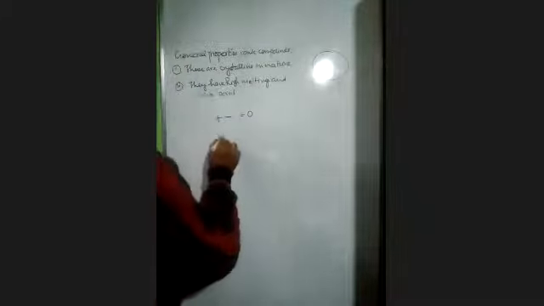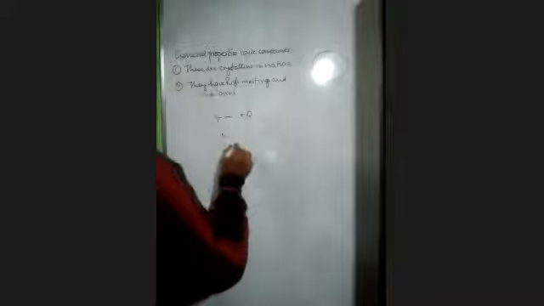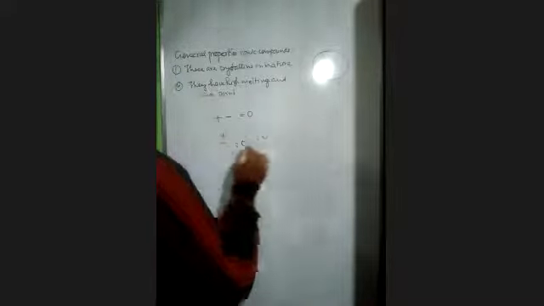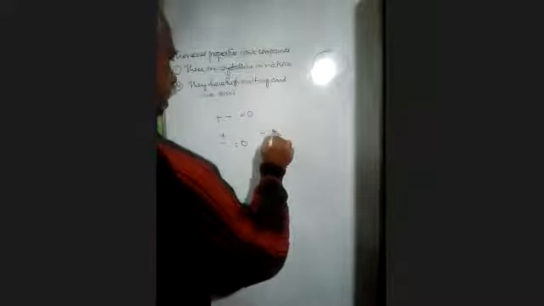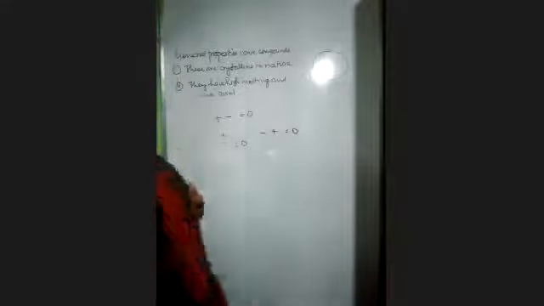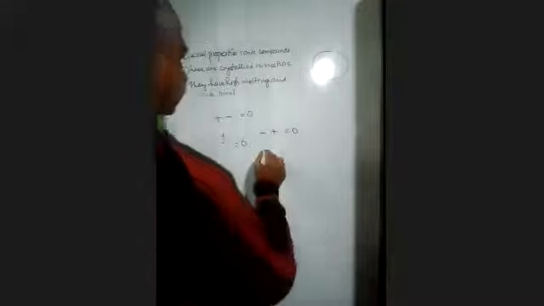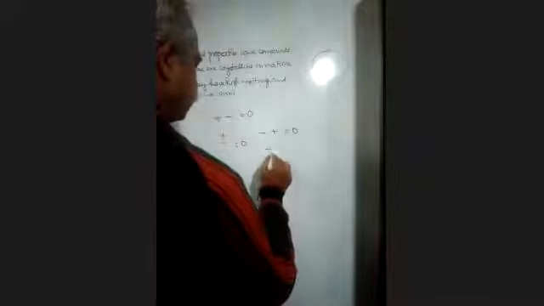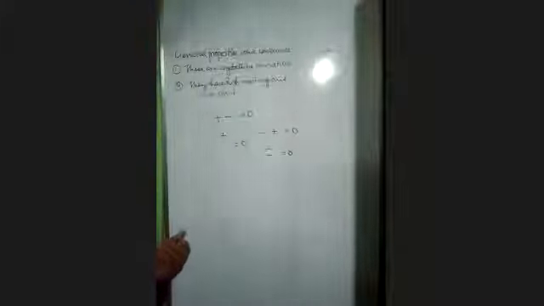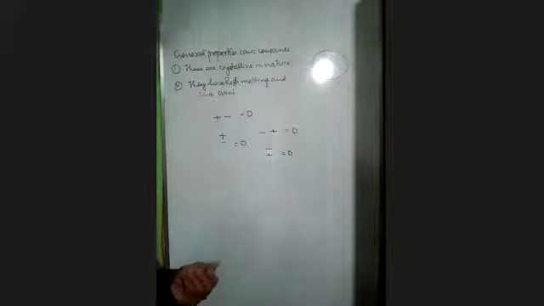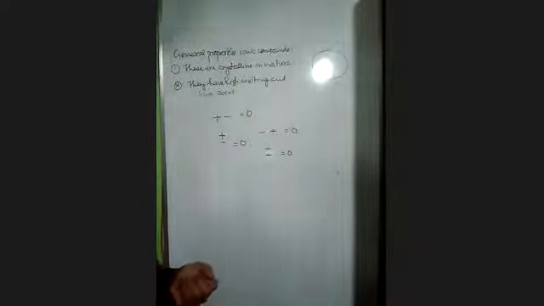Now if I write minus and plus, it is also equal to 0. Why did I write like this? For any chemical compound, whether it is ionic or covalent, its total electrical charge is 0.